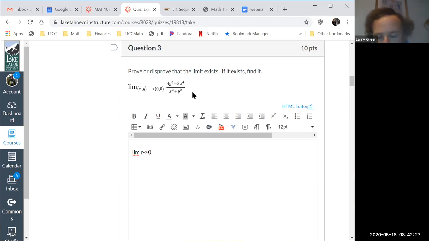Well, we have 4r cubed times the cosine, sine cubed of theta, minus 3r to the 4th times the cosine to the 4th of theta, divided by, and x squared plus y squared is r squared.